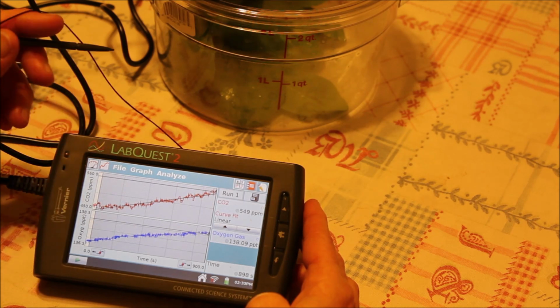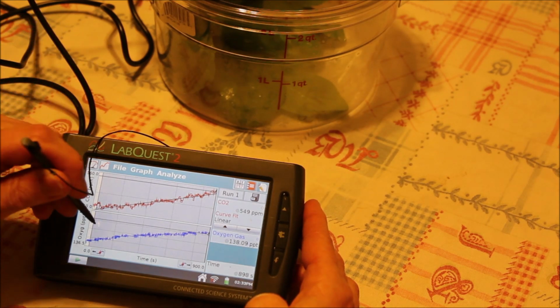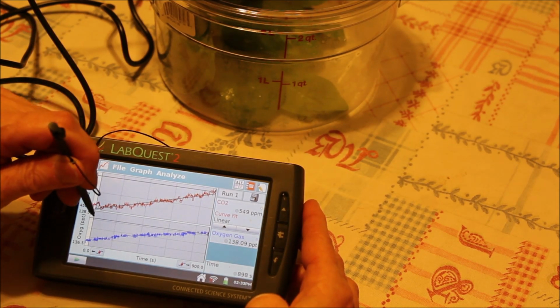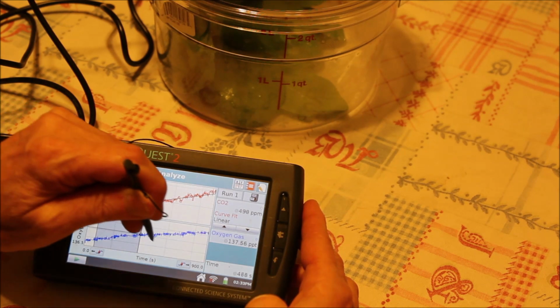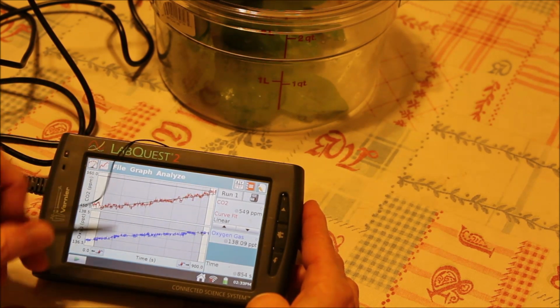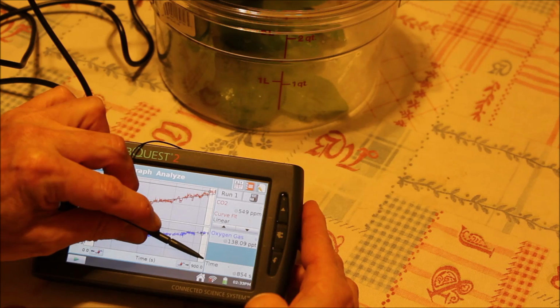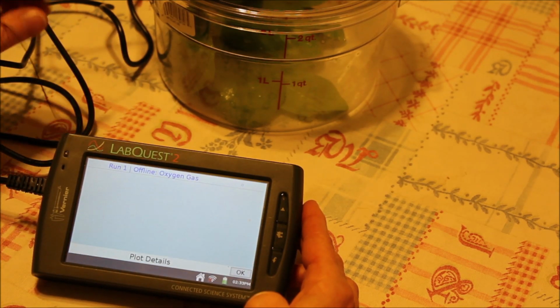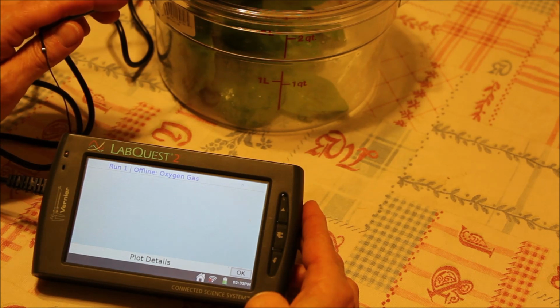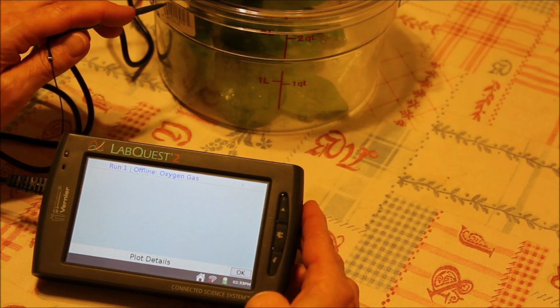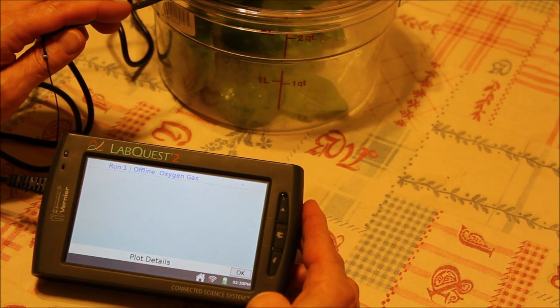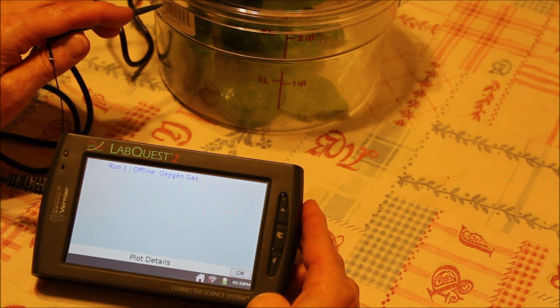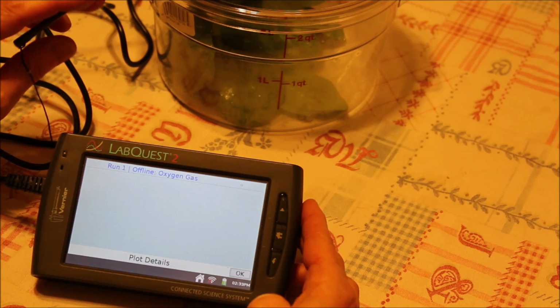So for the oxygen investigation, I will send back the probe, probably it's too old. Basically, it should go downwards, so it would look like this, using up oxygen gas as cellular respiration takes place, using up oxygen to make energy for itself, ATP.